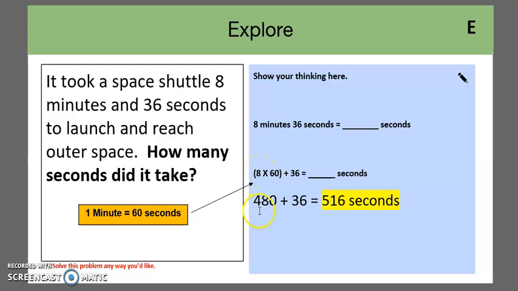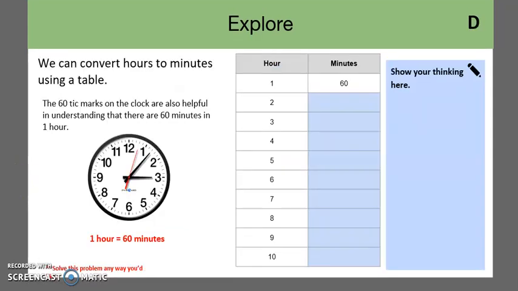We bring that number down to 480. And we're going to add the 36 because it's already in seconds. So let's make sure that students don't get confused with that and that they're just leaving it alone and not manipulating this number. And then when we add the two values, we get 516 seconds. And that would be the answer here.